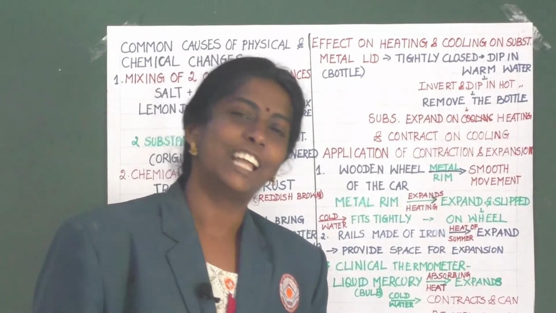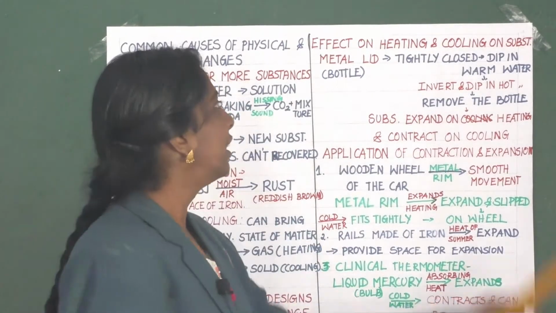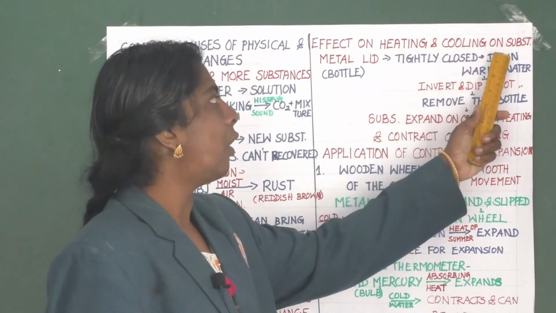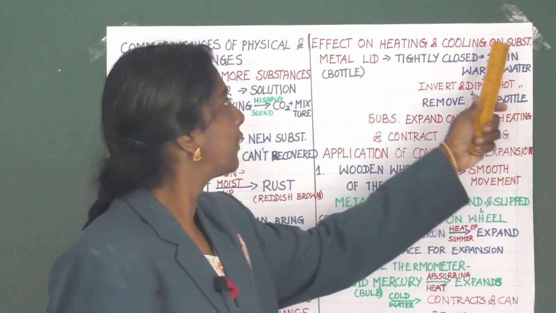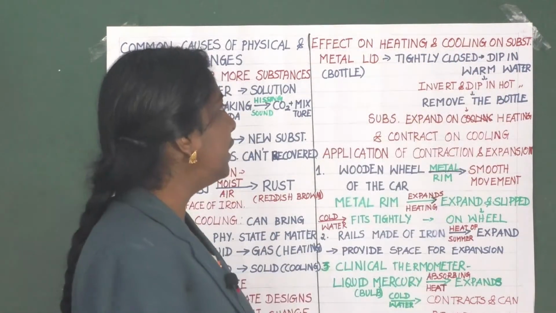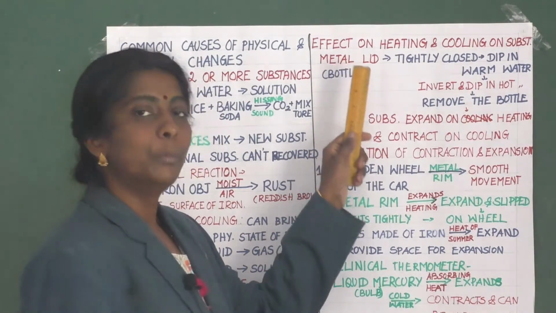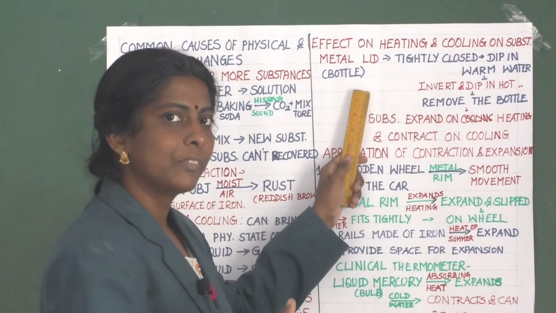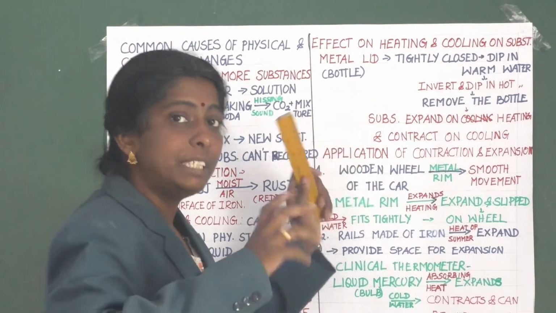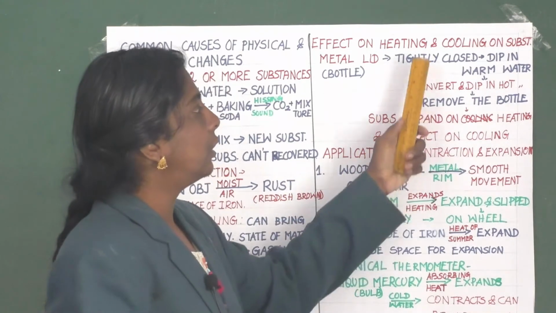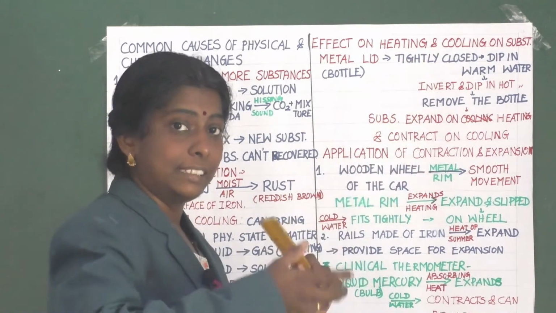Yes, children. Now, let us learn about the effect of heating and cooling on substances. Take a metal lid from a bottle. It seems to be tightly closed. So how to open that?